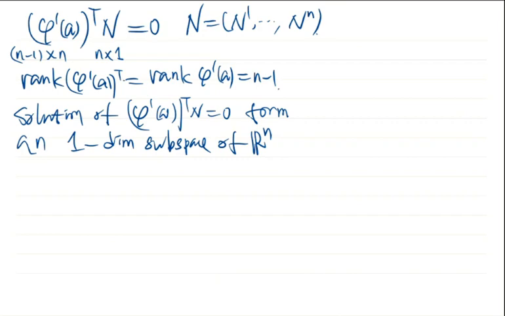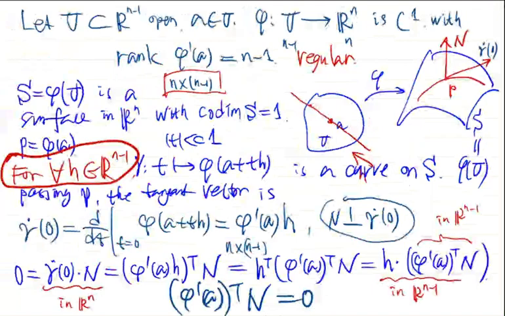You have studied linear algebra, you know this. But now the rank is n-1, so the solution space is one-dimensional. Geometrically, this means that any multiple of N, if you have a normal vector, is also a normal vector. And these are all the normal vectors.